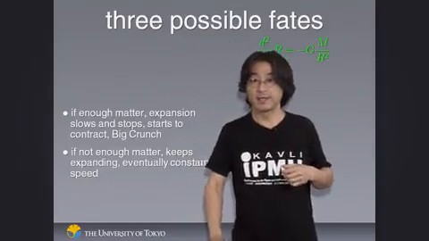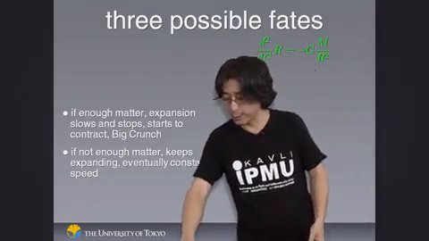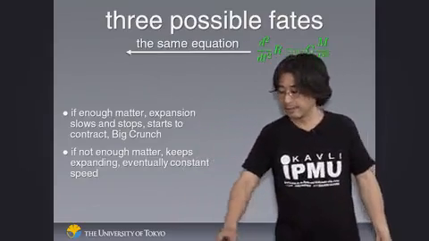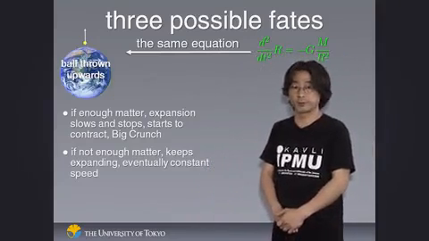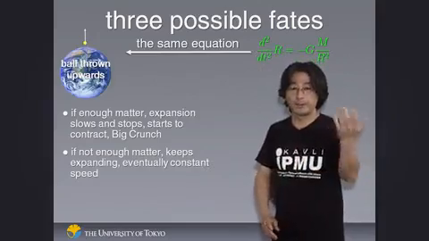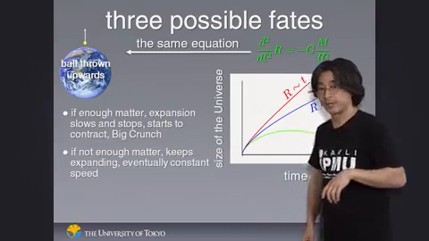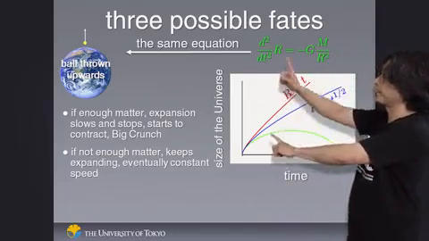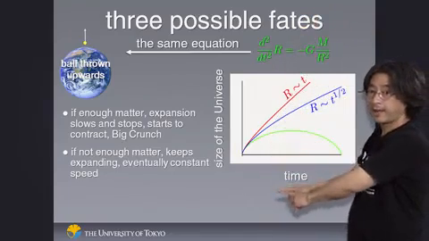Given this, you have three possible fates. If you use this equation, which is the same thing as throwing the ball upwards from the surface of the earth, you can immediately see three possibilities. One of them, as I said already, is that the ball keeps going up to some extent, but slows down, stops, and then comes back down.